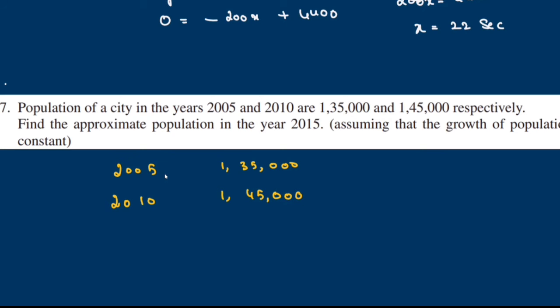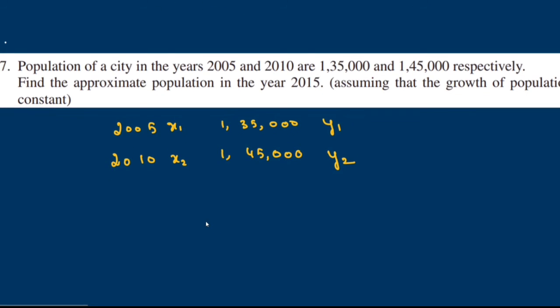Okay. Again you can see two variables here, x1, y1, x2, y2. So let us take the population as y1 and y2, and time, that is the year, as x1 and x2. So once again form a linear relationship.